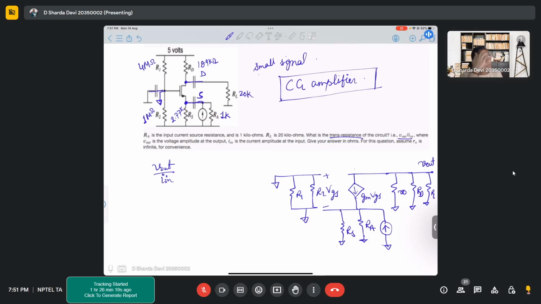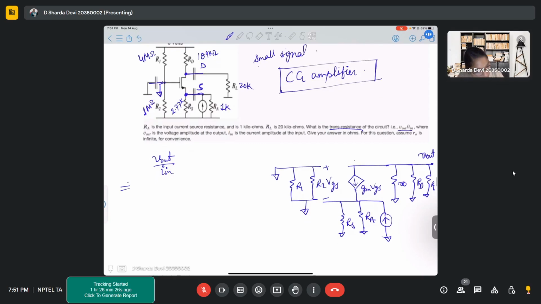First of all, we'll find the value of Vs, that is this node. Since the gate is already grounded, the resistors are connected between two grounds, so there is no current flowing and no voltage drop. So Vg is equal to 0.